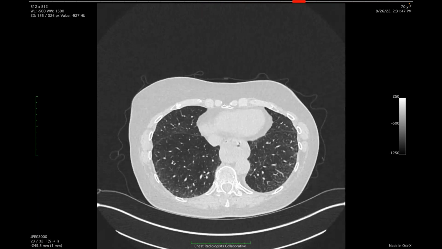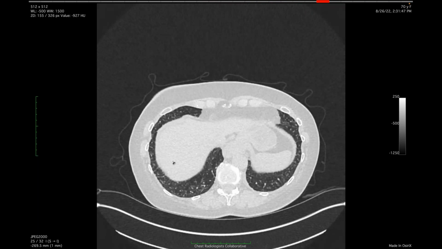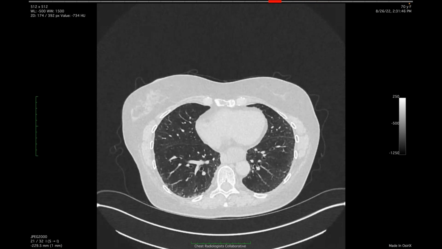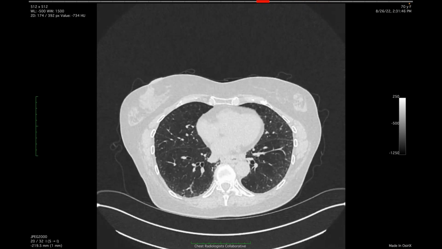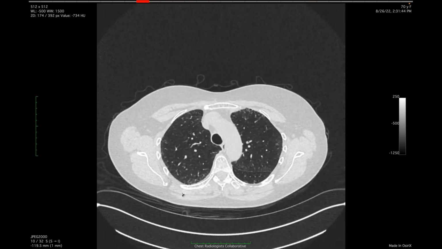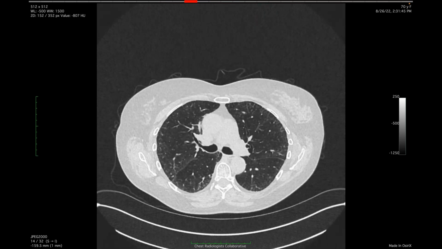Let's go down here and look for findings of fibrosis in the subpleural regions, traction bronchiectasis, honeycombing. There isn't any. Looking for traction bronchiectasis in general, there isn't. It's just a relatively low profusion of reticular opacities, and then some very ill-defined, more hard to describe ground glass.